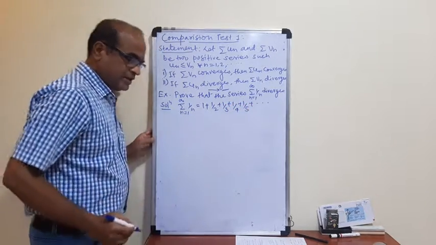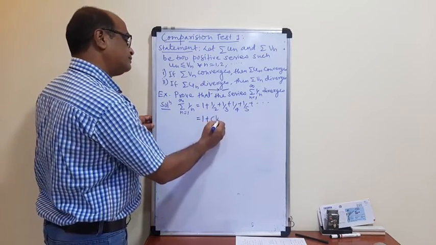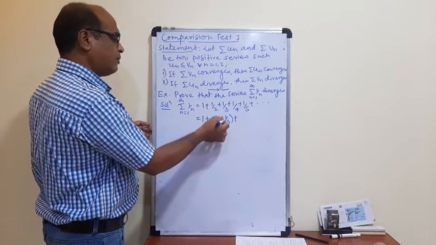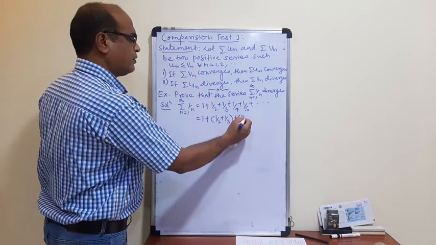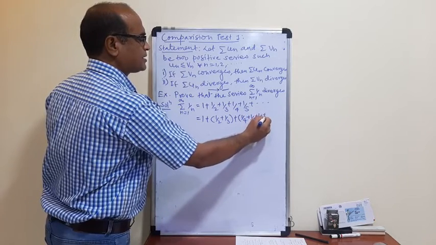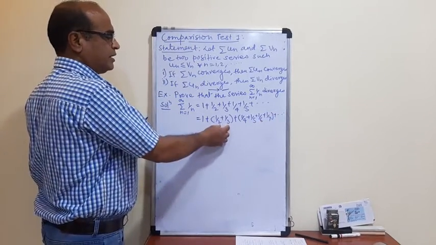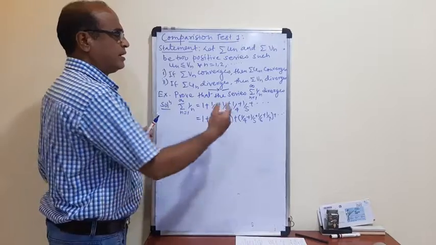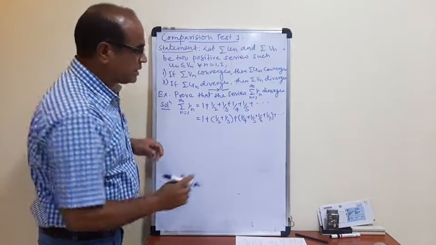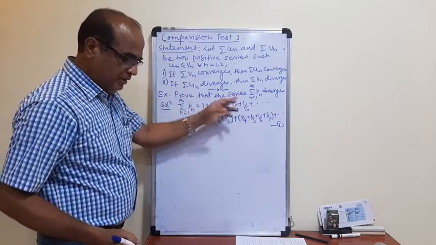So we write this series in the form 1 plus 1 half plus, in brackets, 1 third and 1 by 4, plus, in brackets, 1 by 5 plus 1 by 6 plus 1 by 7 plus and so on. So we collect 2 terms here, then 4 terms, then 8 terms, then 16, 32 and so on. So this is equation number 1.